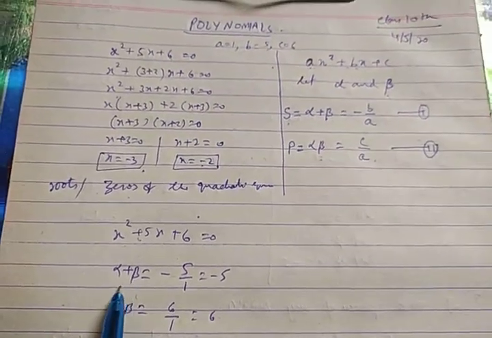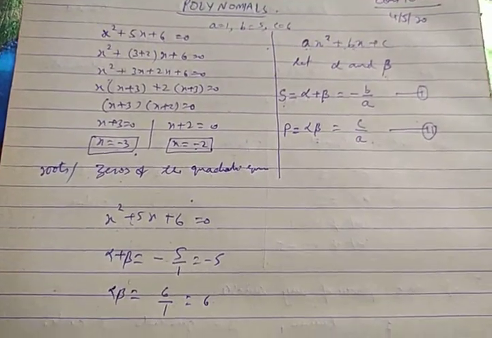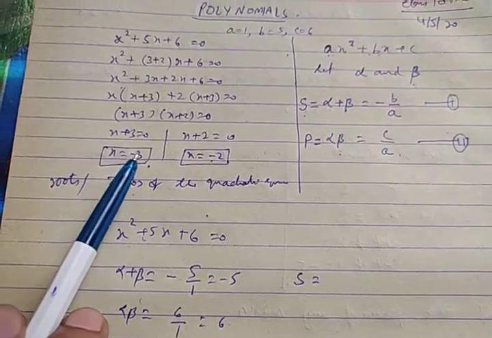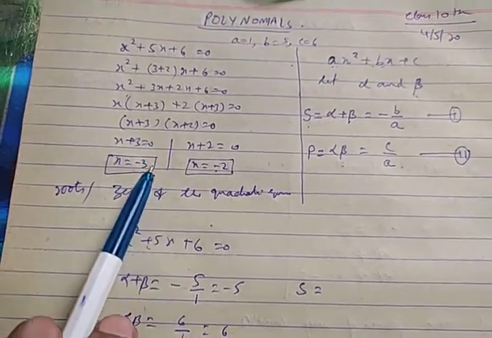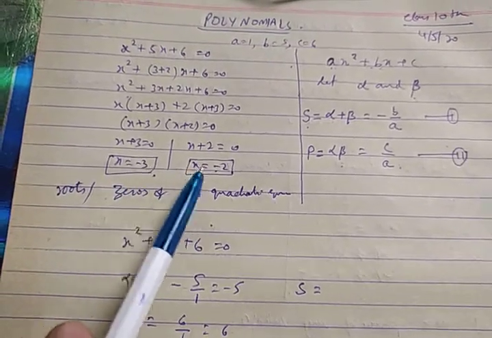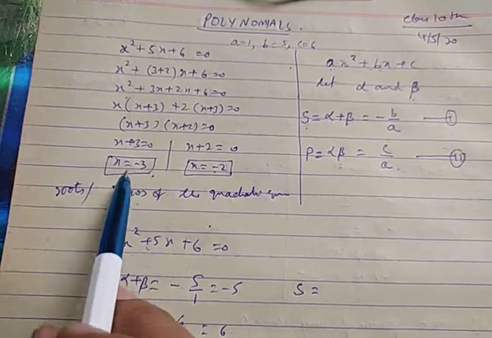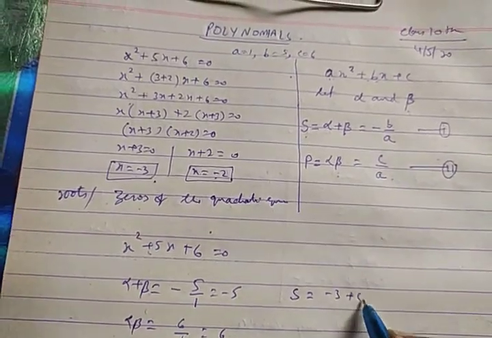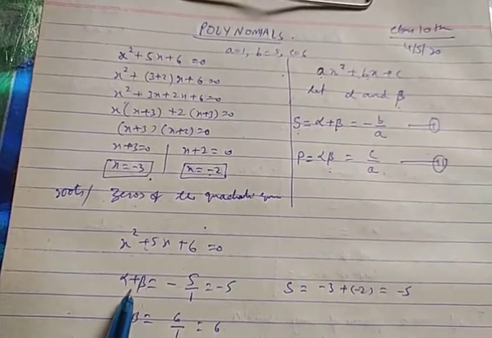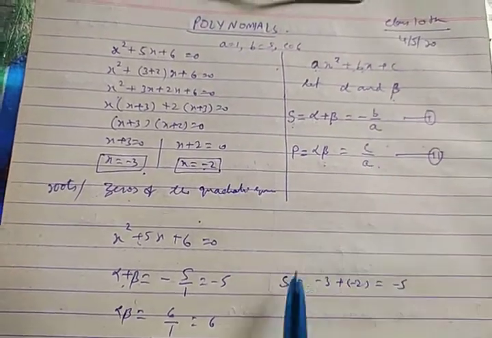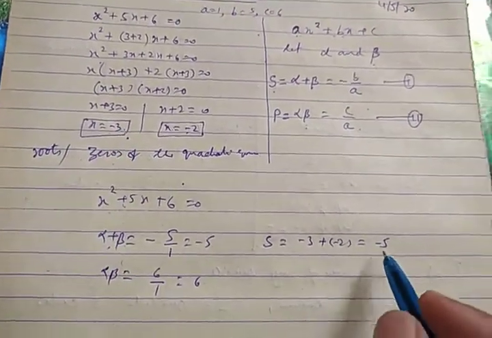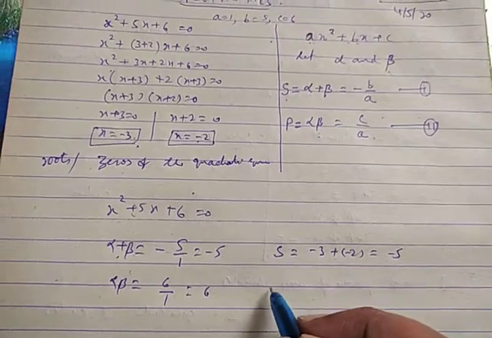Now this sum can also be obtained by observing the roots. Sum S is equal to, in this case you have solved the equation and obtained the roots. This is the sum of the roots. The sum can also be obtained by adding these two quantities: minus 3 plus minus 2, that is equal to minus 5. The sum of the roots by the formula and the sum of the roots by manually doing the solution must be equal.